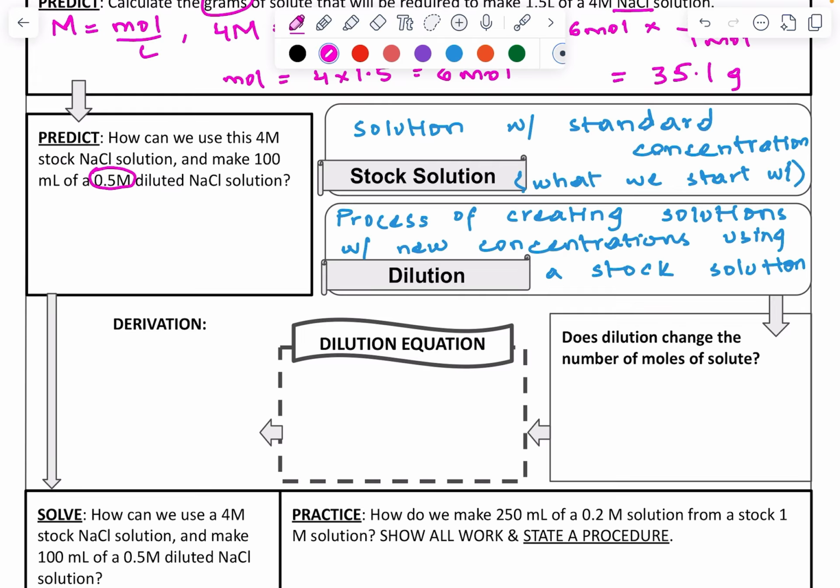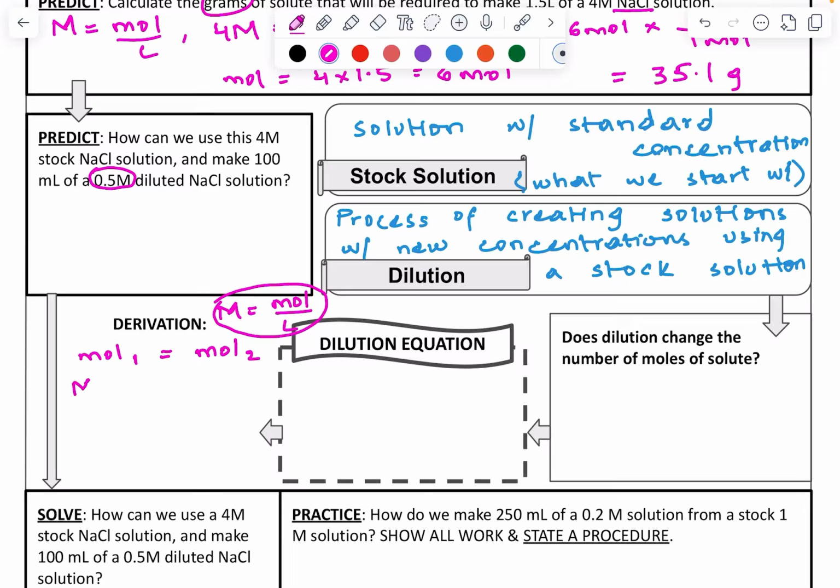So if we want to use that 4 molar sodium chloride stock solution and create a 0.5 molar diluted solution, let's derive an equation here. As we said earlier in the do now, both of these solutions are supposed to have the same number of moles. Remember, according to the molarity equation, molarity is equal to moles over liters. So if moles of solution 1 is equal to moles of solution 2, then if I rearrange this equation, moles is equal to molarity times liters.